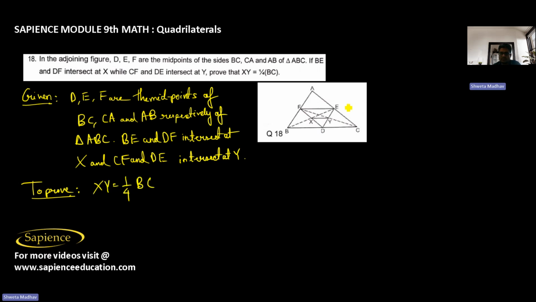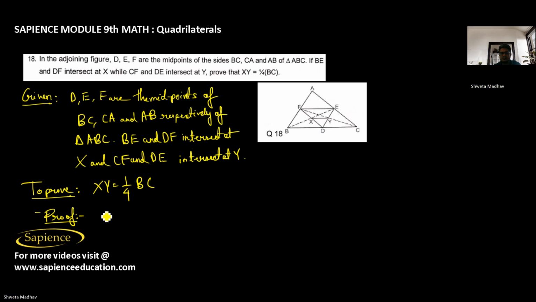So XY equals 1/4 of BC, that will be. So the proof will be like this.